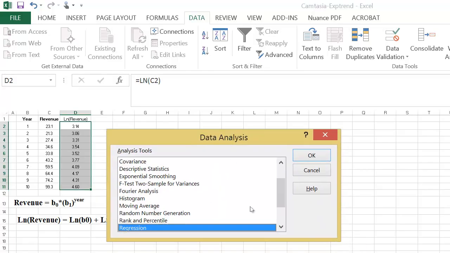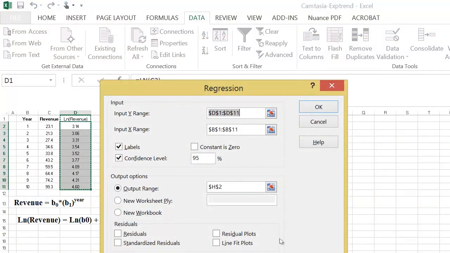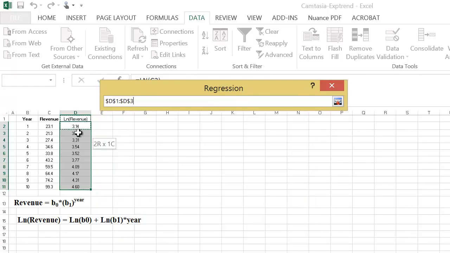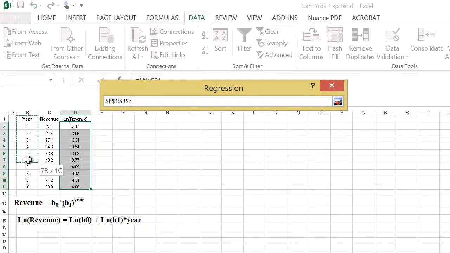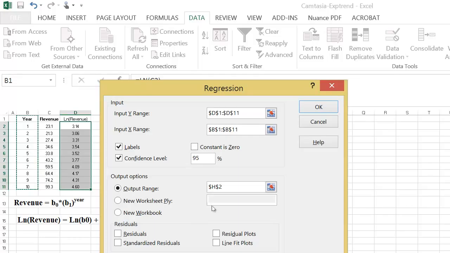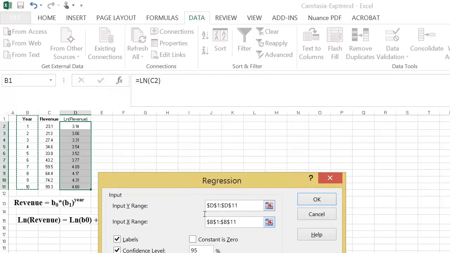analysis. I bring up the regression function. My dependent variable, of course, is the natural log of revenue. My independent variable is time, which in this case is year, and we will put our output in, let's say, column G2.